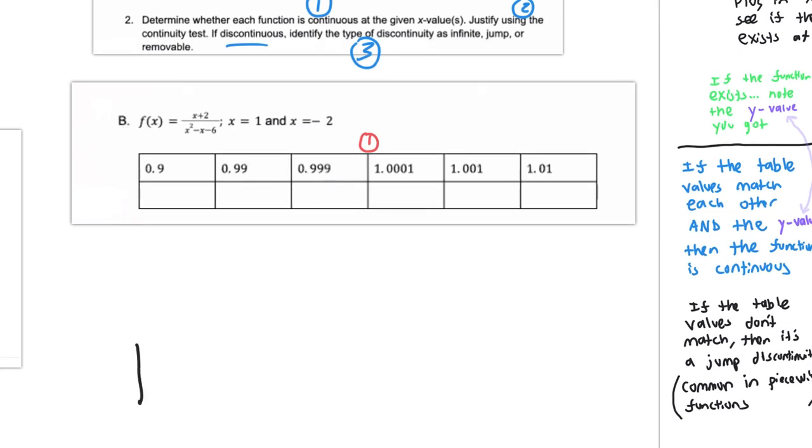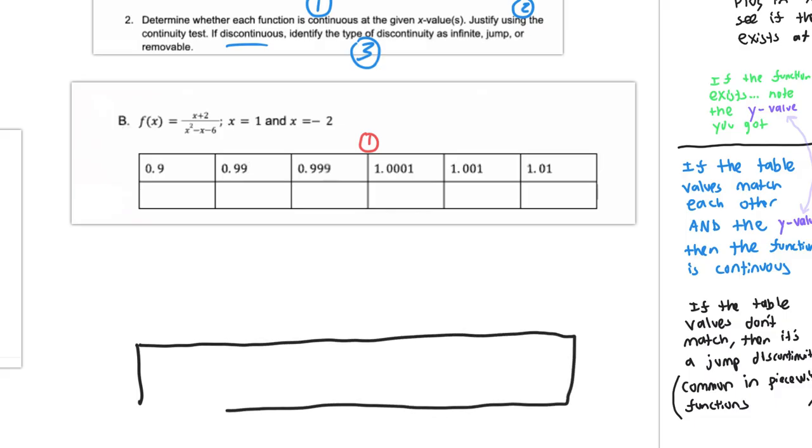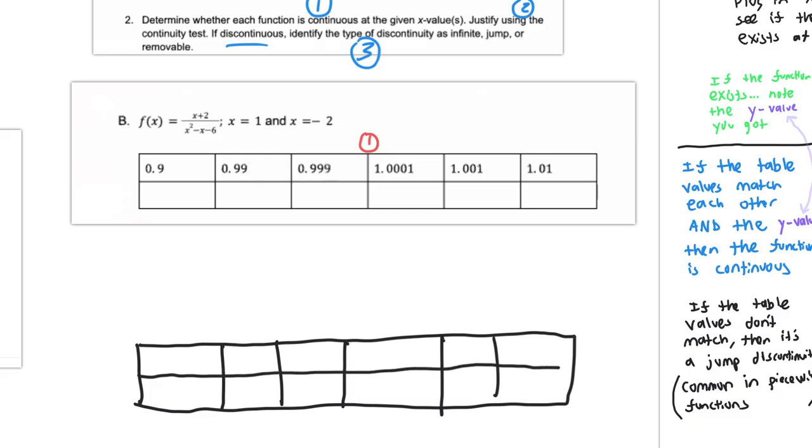So I'm going to create one right now, where the table of values is going to somewhat resemble this one. It's cut down the middle. You have a column here, you have a column here. The whole thing is split into two rows. And you could think of -2, which is this value right here, represented there.